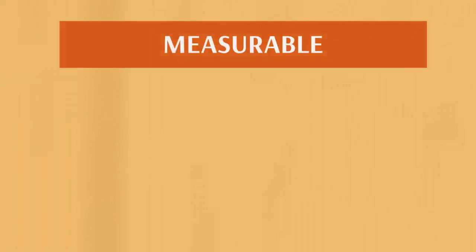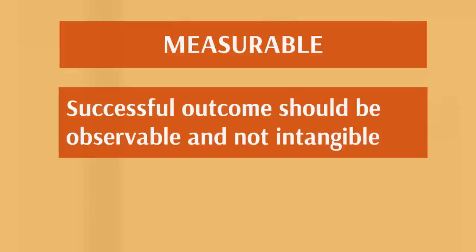Now, the next thing is measurable. Obviously, the items on your to-do list need to be measurable. Measurable meaning that you need to have some sort of successful outcome, and that should be observable, and you should be able to see the results at hand and not intangible. So in other words, when you are looking at the to-do list, is it measurable?